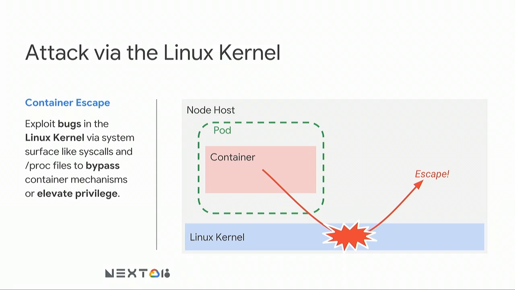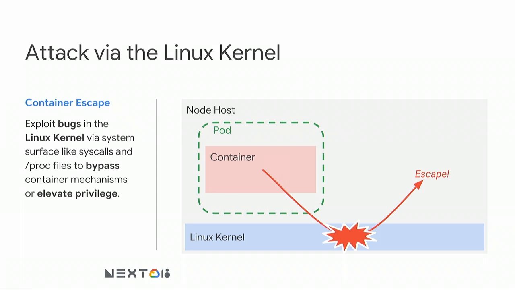When we talk about the threat from the inside, what we're talking about is attack through the Linux kernel, which allows these containers to escape outside of the isolation that we talked about earlier.